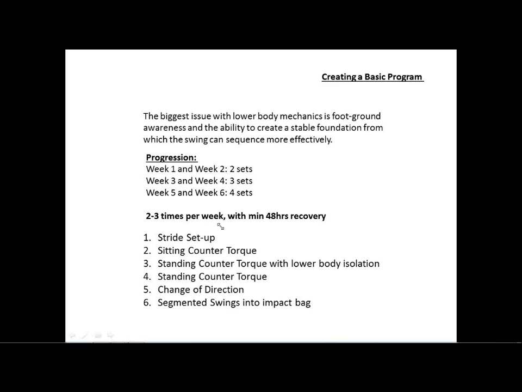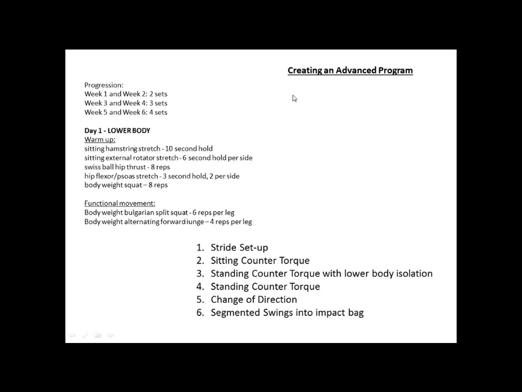Now, it is a little after 9, so I do want to cover real quickly what we can do with slightly more advanced programs. I won't go through all of this, but let's just do this real quick.